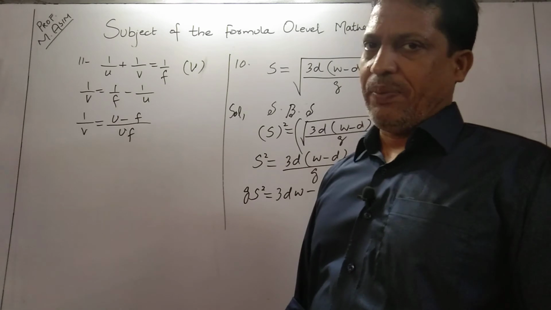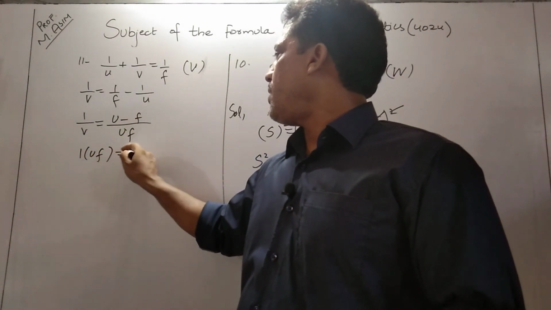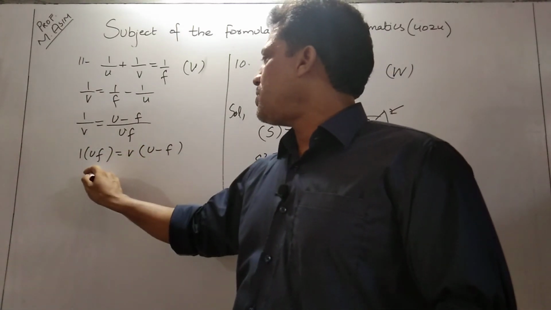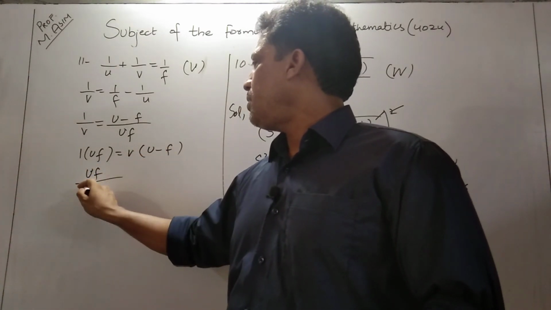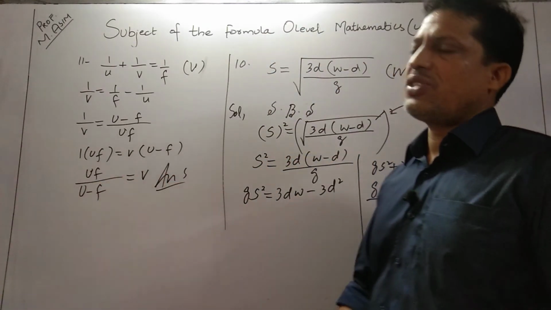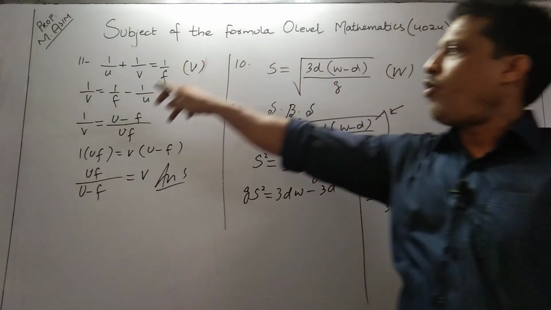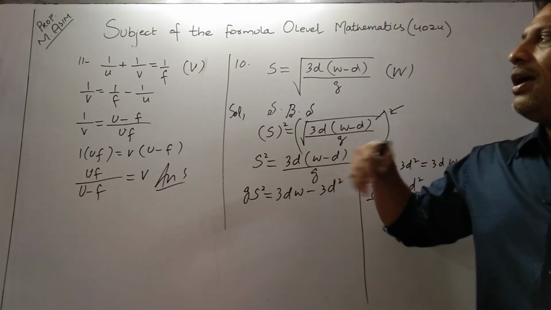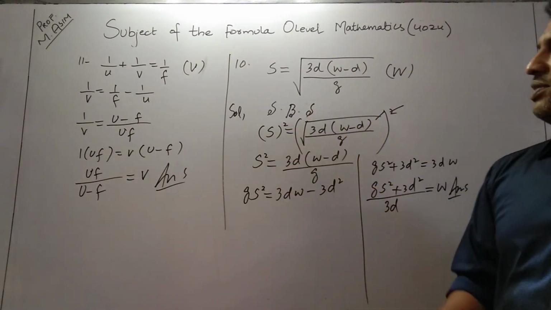Now, cross multiply: 1 multiplied by uf and v multiplied by u minus f. 1 multiplied by something is always something, uf, and this u minus f is multiplied, so this should divide. Hence, v becomes the subject of the formula. Very easy. The key point is to take the LCM of u and f. There are other ways to make the subject, but this is the easiest way.